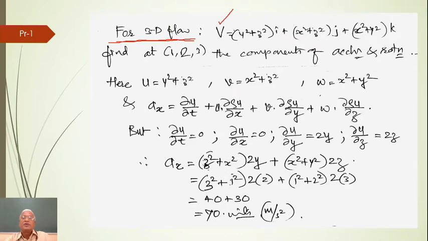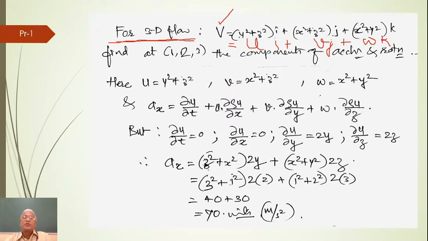Now you can appreciate that this is nothing but, if you remember, u i, then plus v j, and then plus w k, that is velocity component in z direction.